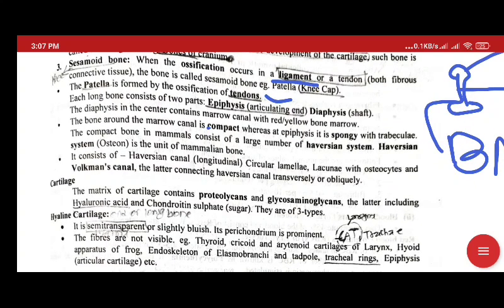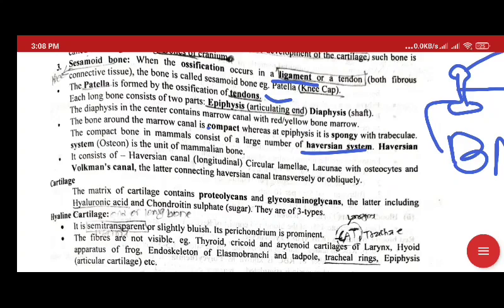the Haversian system. Now what is the Haversian system? In bone there are different types of cells, that is called osteocyte cell.